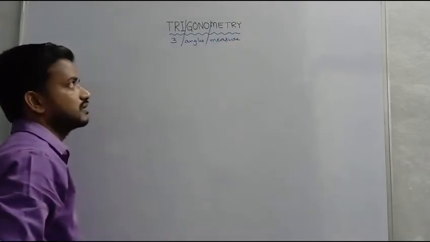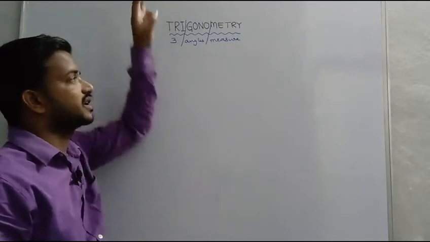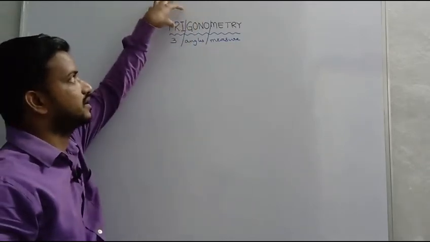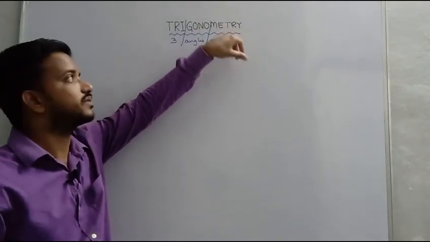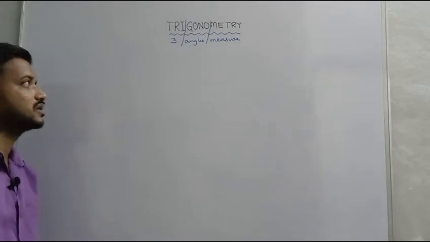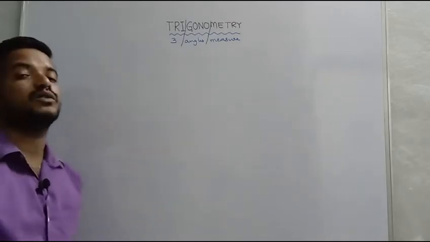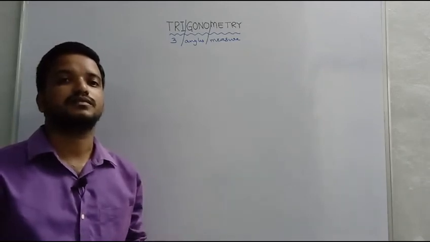So the word trigonometry is obtained from three Greek words. What are they? Tri, gono, metrine. Metrine stands for measure. So here we have to study about the trigonometric ratios under the trigonometry.